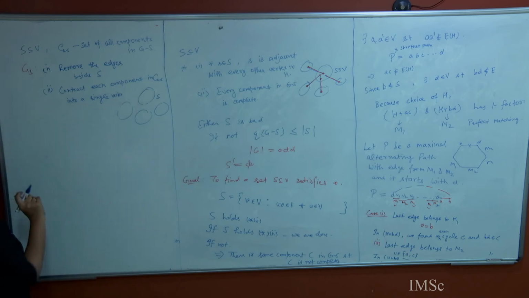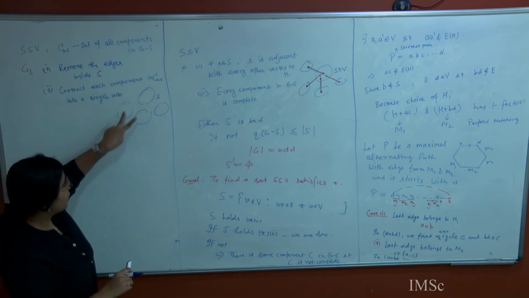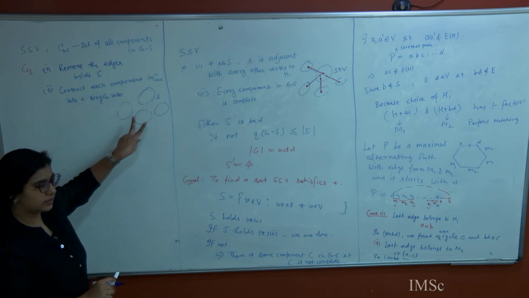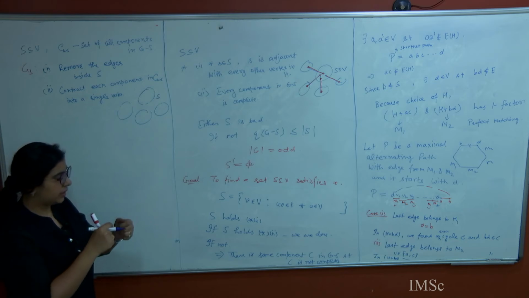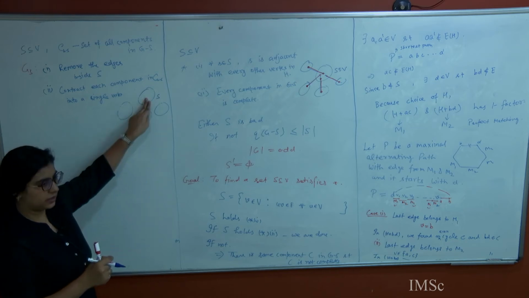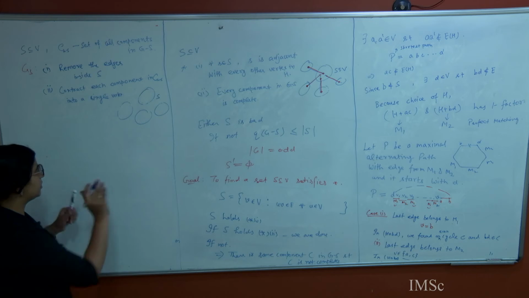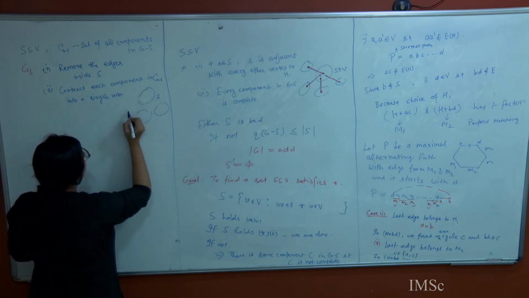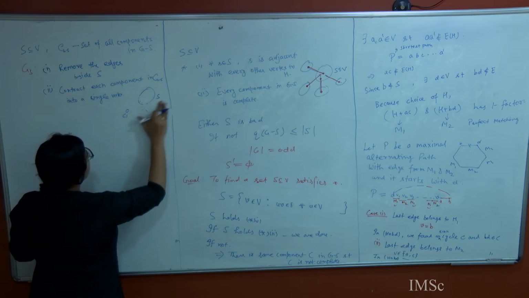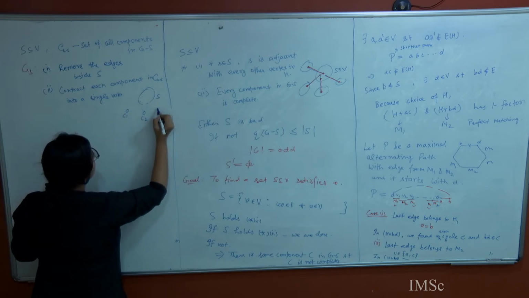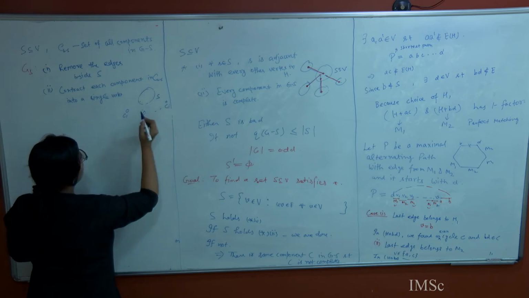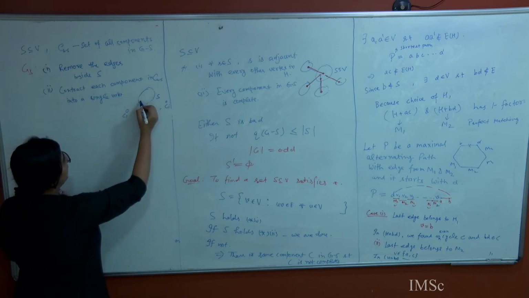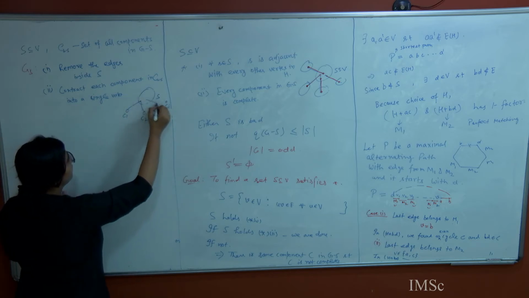Now we'll say that S is matchable to CG minus S if we can find a matching which saturates S. So this is the definition. We are saying that these are contracted as C1, C2, Ci, and you have some edges like this.